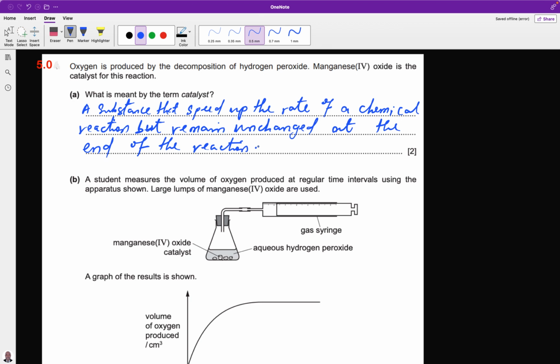It is regenerated at the end of the reaction. So a catalyst is a substance that speeds up the rate of a chemical reaction but remains unchanged at the end of the reaction.